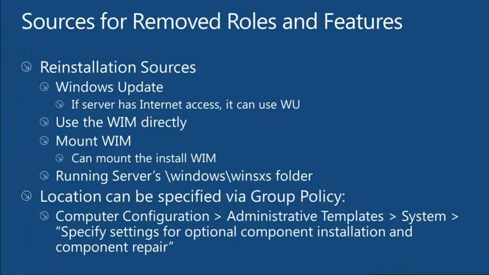You can actually mount the WIM. So you could either put the mounted WIM or the WIM file on a file share out on your network and use it remotely to get the role or feature from. Or you could actually point to a running server's side-by-side folder. And there is a group policy there on the slide that you can use to specify a location. So if your servers are domain joined, you can set a location that all servers will use to pull roles and features from that may have been removed.